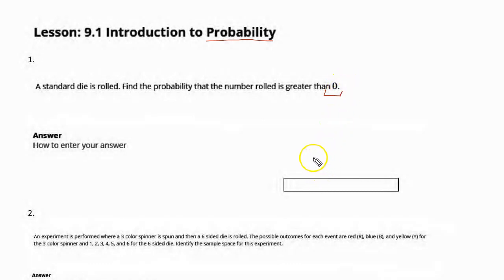So this is going to be probability of 1, and we can think of that as, in a sense, 100%, or in decimal form, 1.0. So we're starting off easy, but again, some critical thinking.